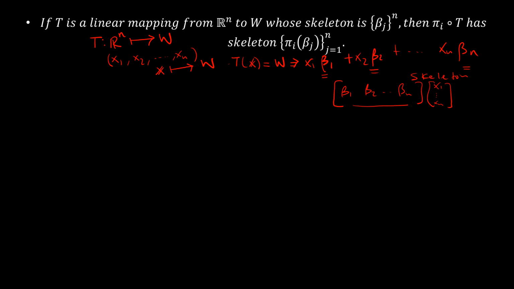Because essentially what you have here is a column, a column, a column, and we need to get the ith row there, and that's what this thing essentially is.